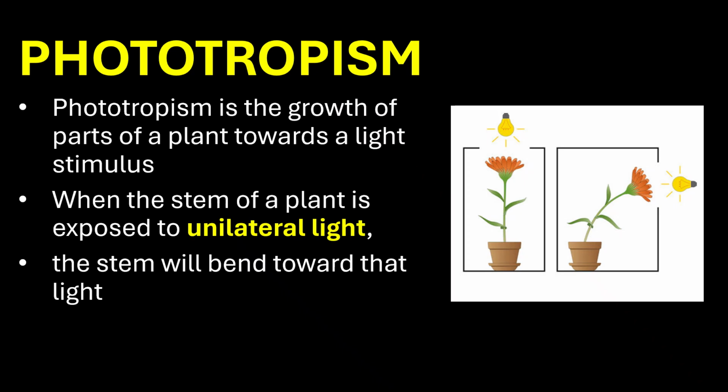But when the light is coming from the side, what is going to happen here? It states that when the stem of a plant is exposed to unilateral light, the stem will automatically bend towards that light. So this is the top. Once we close here, we create an opening on the side. You see the plant is bending towards the light.